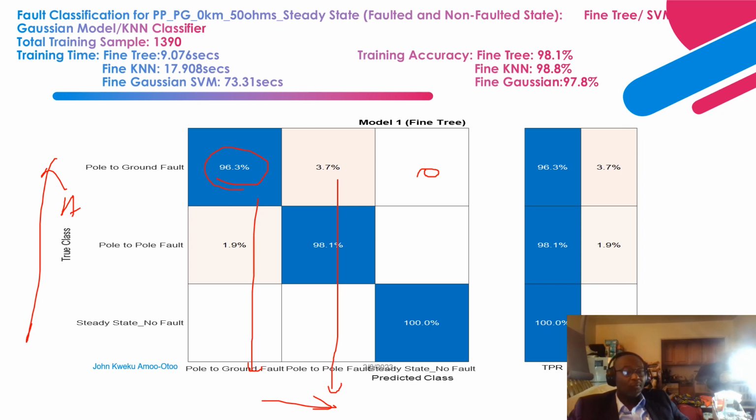For pole to pole fault, 1.9% were misclassified as pole to ground, and 98.1% were correctly classified, with no misclassification for steady state. The same applies to steady state: 100% was correctly classified, with no misclassification.